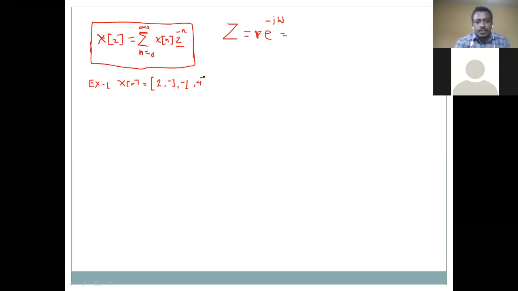Okay, so this is the arrow, and we are taking z equal to 1 only. 1 means this part is 1, r is equal to 1. Okay, so it is DC. This is what it is, a DC signal.